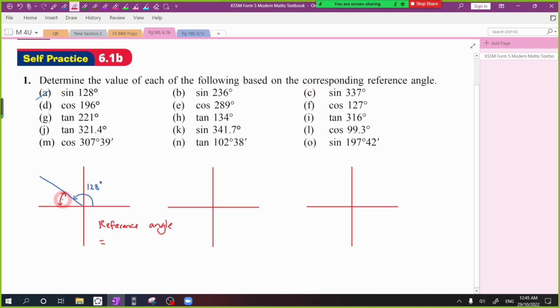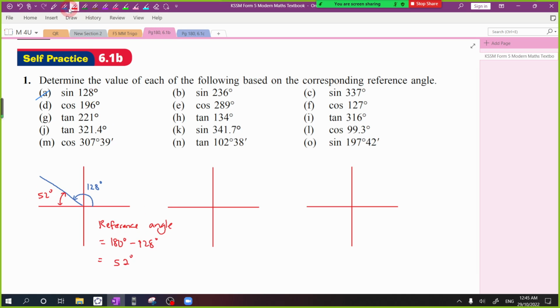How do we get this angle? We take 180 degree, right? Minus this, so that we can get this angle. So this will be 52 degree. So this is 52 degree. Okay, so we have determined the reference angle.